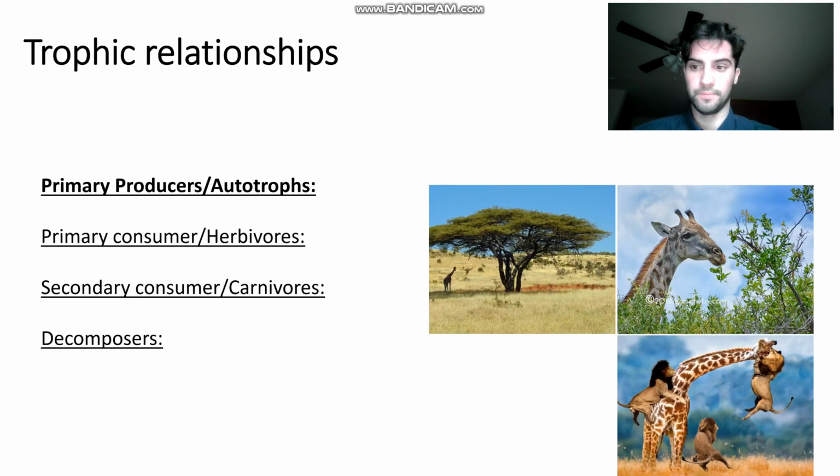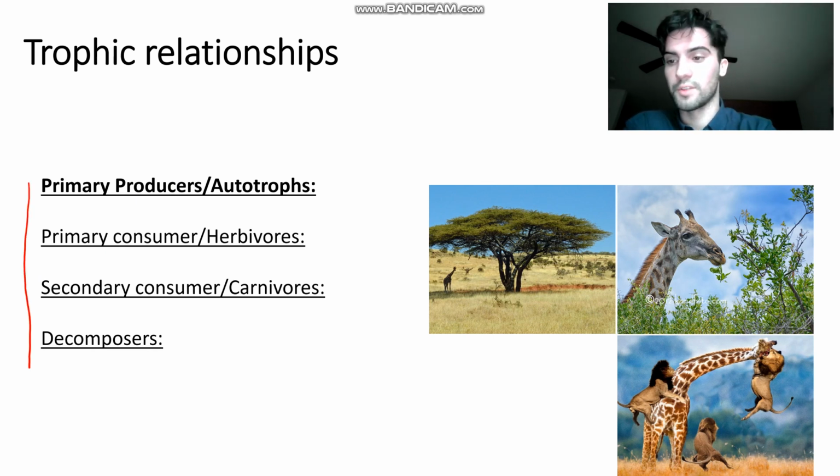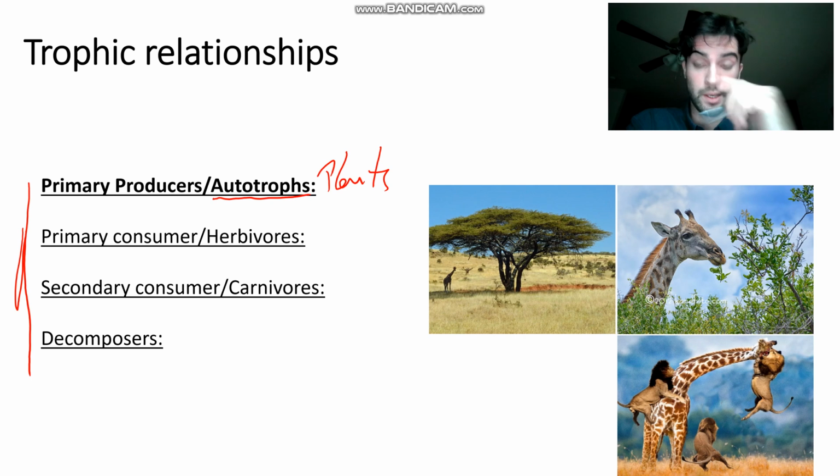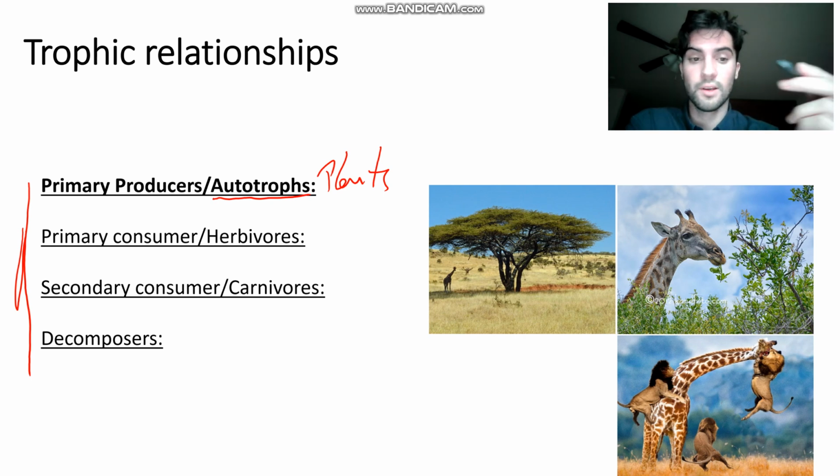Okay. So for trophic relationships, we have these four main categories. The first one is the primary producer, which includes mostly plants. Autotrophs, so they get energy from the sun, and they synthesize their organic molecules through photosynthesis, right?